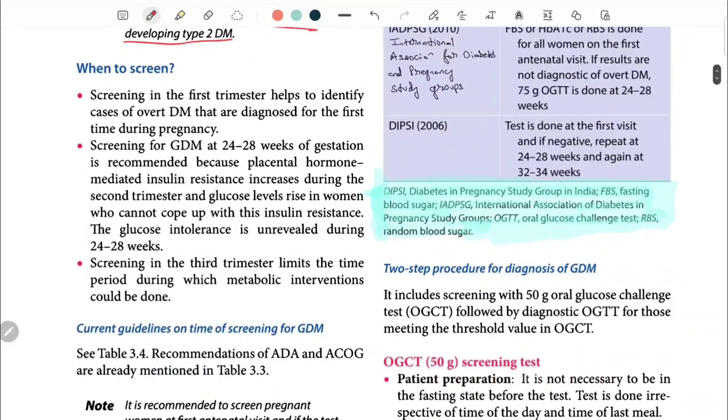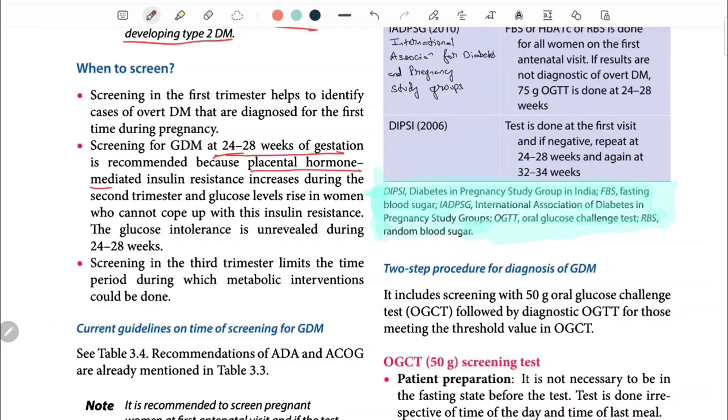When to screen? Screening in the first trimester helps to identify cases of overt DM that are diagnosed for the first time during pregnancy. Screening for GDM at around 24 to 28 weeks is recommended because placental hormone mediated insulin resistance increases during the second trimester.